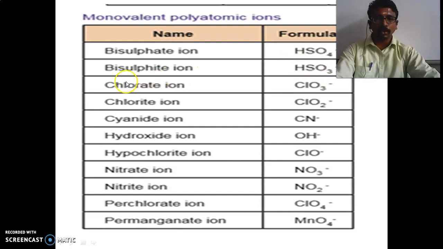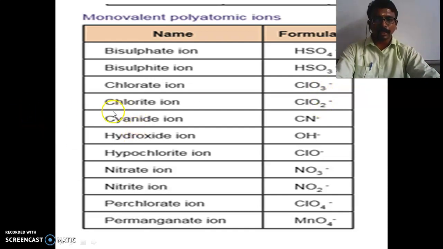Next is chlorate. The formula is ClO3-. For chlorite, ATE is ClO3- and ITE is ClO2-, so here 3, here 2.